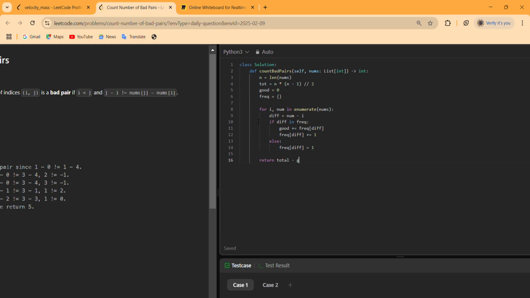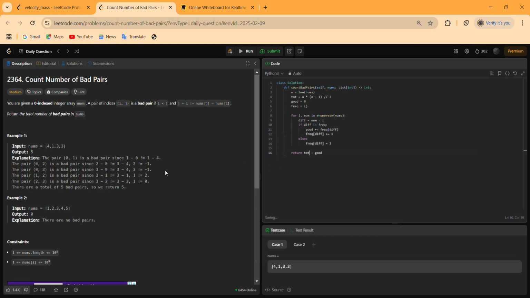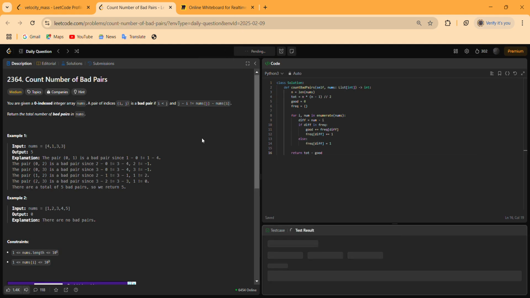And now let us return total minus good pairs. Let us run this and check if it is running fine or not. It is running fine, so let us submit this.